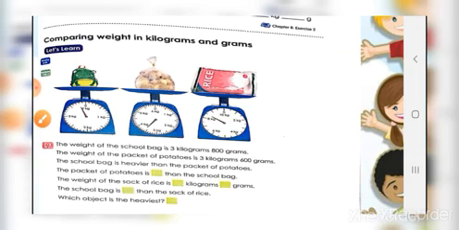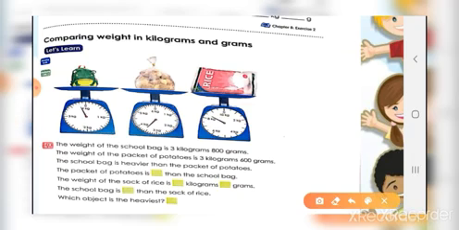Let us now find the weights of the school bag and packet of potatoes. We know that here the weight of the school bag is 3 kilograms 800 grams. There is 3, and if you count each interval up to the needle mark, that would be 800 grams. So the weight of the packet of potatoes is 3 kilograms and 600 grams.